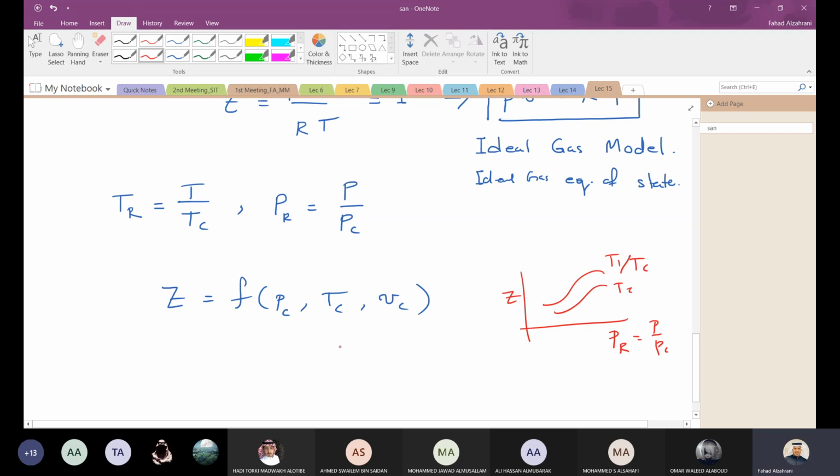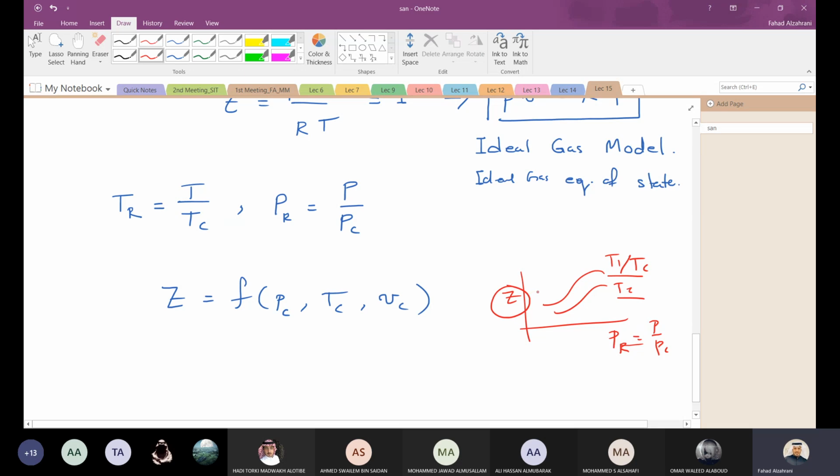The amazing thing, guys, is that when they did this for multiple gases and multiple temperatures and pressures, they found these lines are the same. They found the same trends, the same value for Z. Is the idea clear?